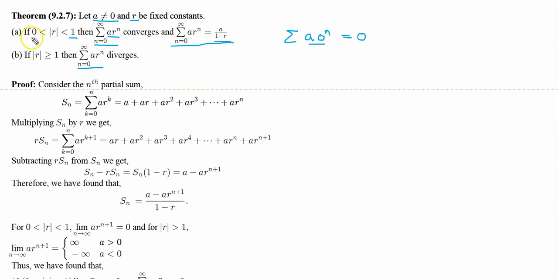Well, there's a small technicality here with letting r equal 0, and that is if you're summing from 0 to infinity, then the very first term in this series would be a times 0 to the 0 power, but as we've seen previously, this is an indeterminate form, so it's actually undefined.